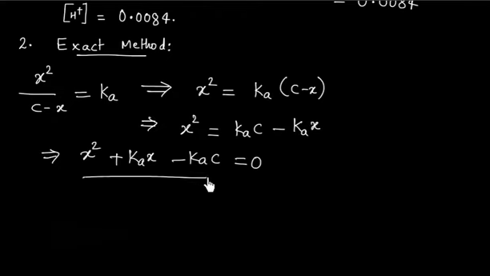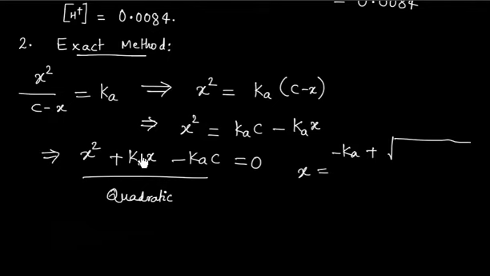So this is a quadratic equation. We can solve for x: minus b, that is minus Ka, plus or minus, we will have two roots. Let us neglect the negative root because we cannot have a negative solution for H plus. This is a physical quantity, so I have to consider only the plus sign. Minus b plus root over b squared minus 4ac.